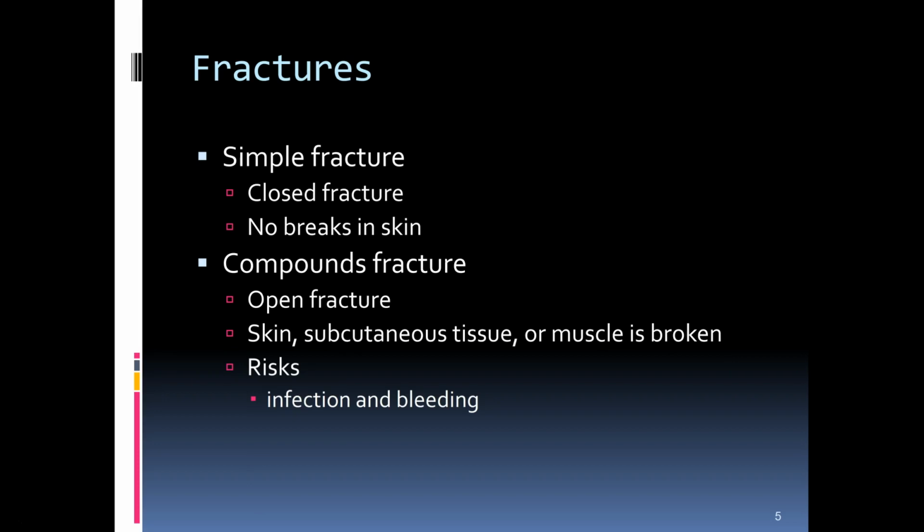The most important thing you want to worry about with an open fracture is infection, because the bone is actually exposed outside of the skin, and so it's being exposed to all these germs and everything that it's not usually exposed to. So typically they will get antibiotics even before they go to surgery to fix it.